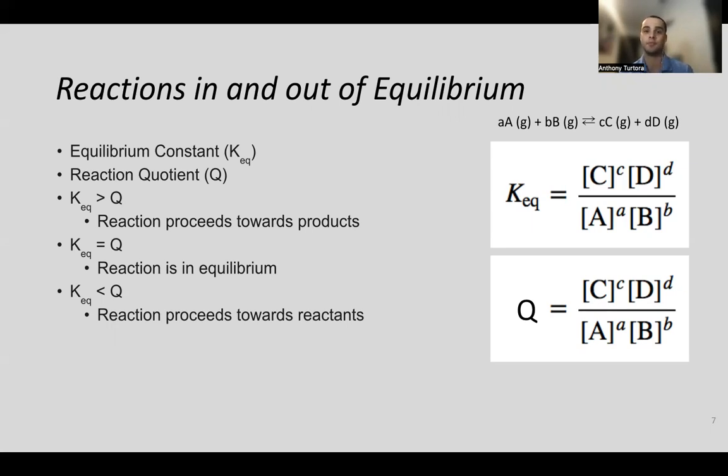We know our reaction is in equilibrium when our rate of formation of products equals the rate of formation of reactants. So just the rate of the forward reaction equals the rate of the reverse reaction.